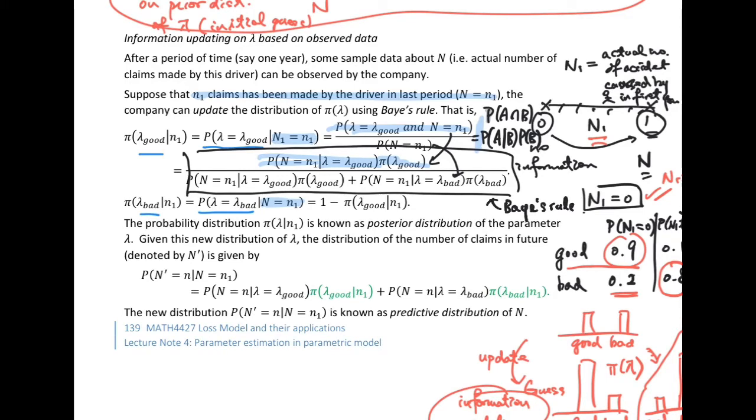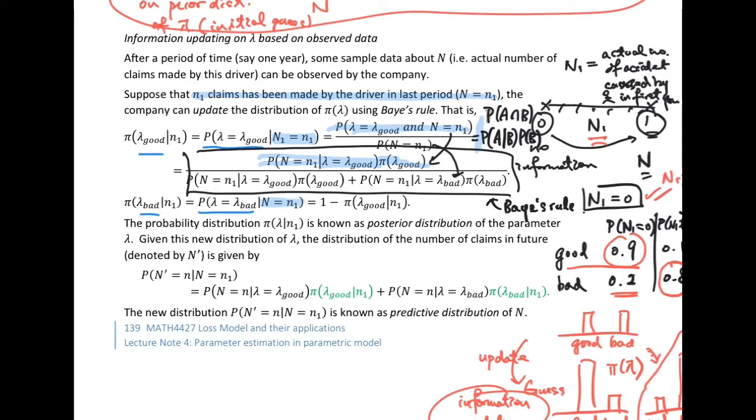Now, this is the probability that lambda equals lambda good. And for the probability that lambda equals lambda bad, you can apply the same Bayes rule and do the estimation.